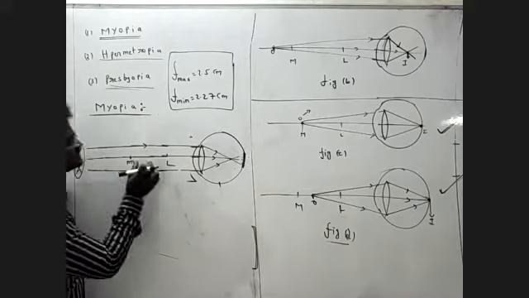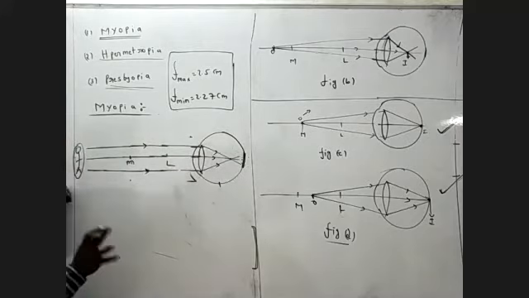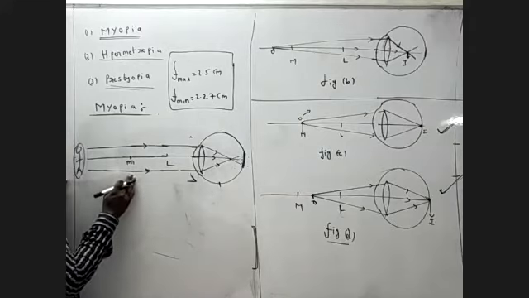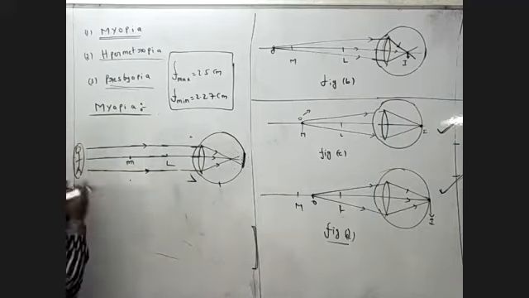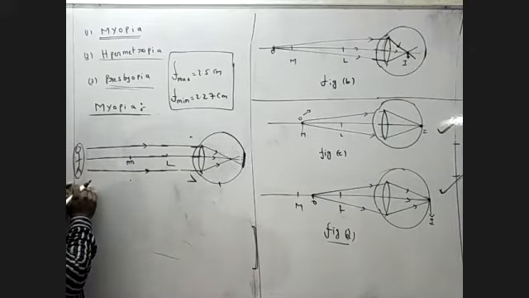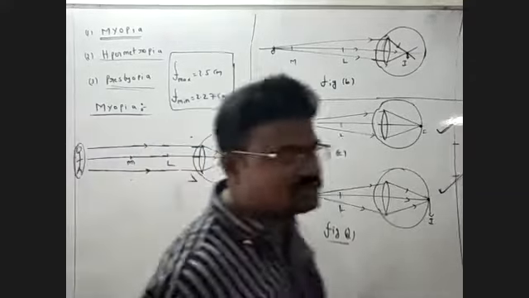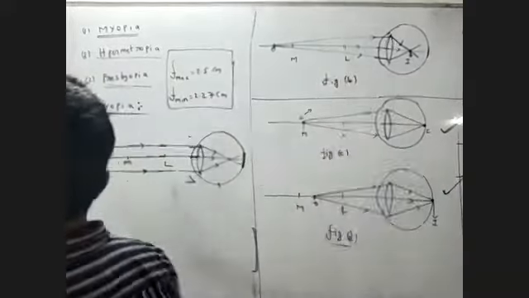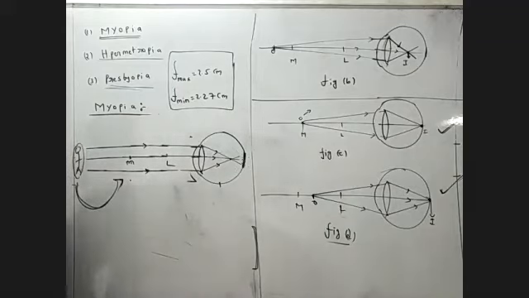But how does this object move from infinity to the M point? How does it move? It is not known.